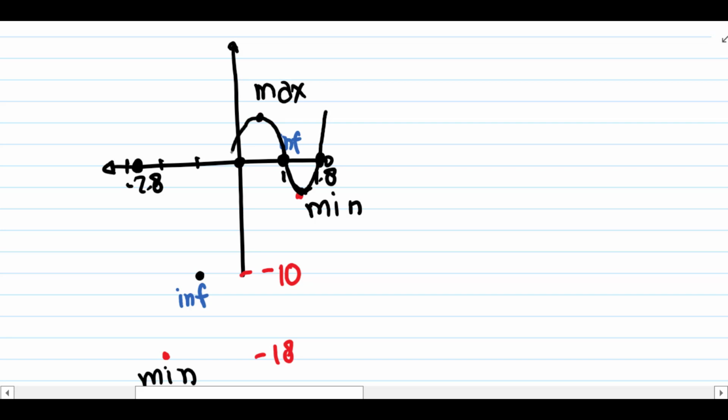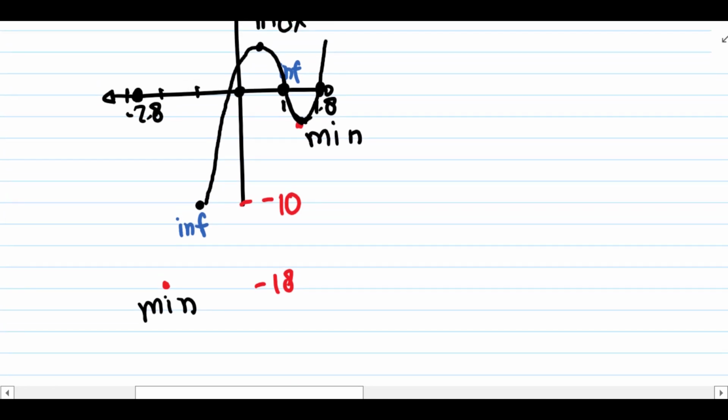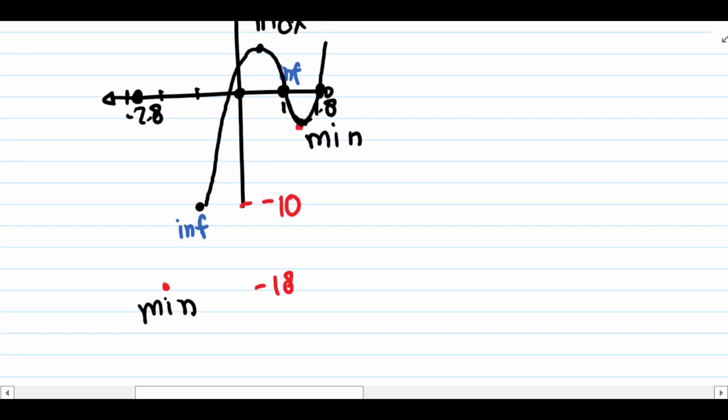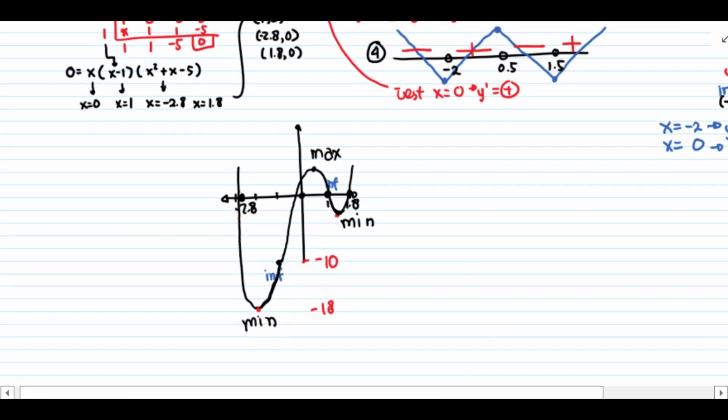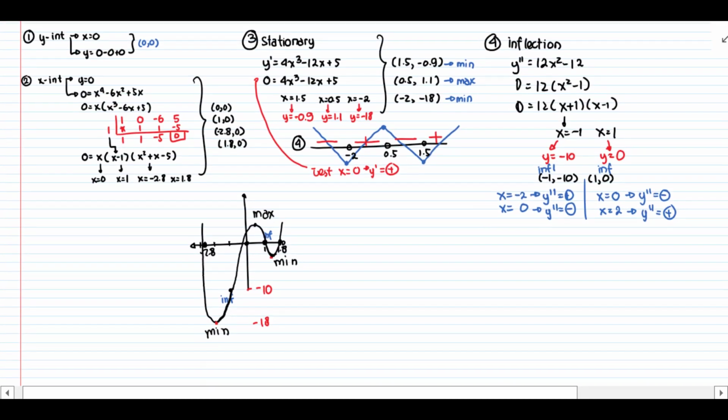And then for this one, we will continue to the left. After it passes through the inflection point, the concavity will change, and then go straight to 2.8. So this is the sketch for number 15.